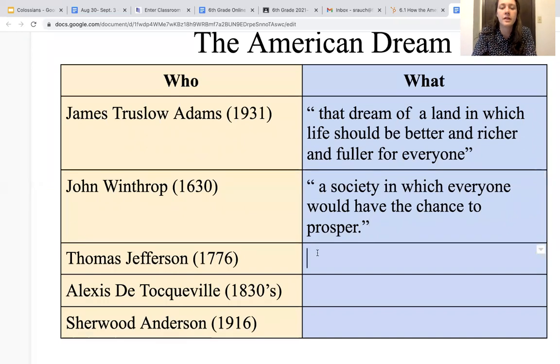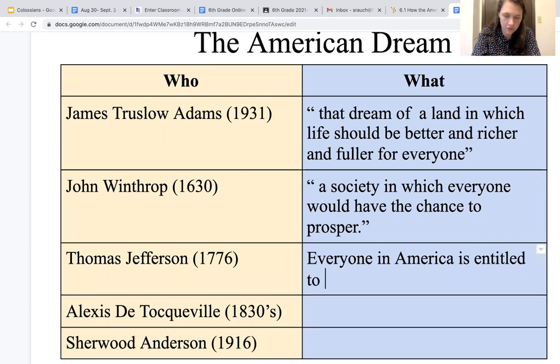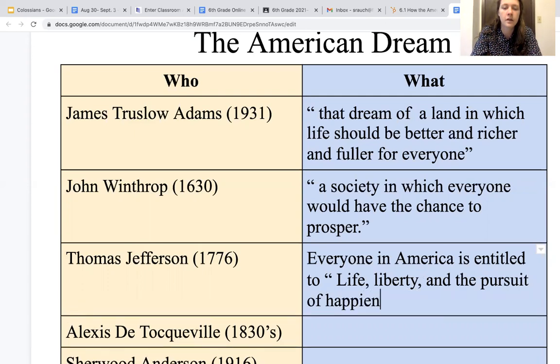Okay, Thomas Jefferson thinks that America should be a place where everyone in America is entitled to, and then this is straight from the text, life, liberty, the pursuit of happiness. If you agree with Jefferson, do you think everyone should be able to have life, freedom, and happiness in America?